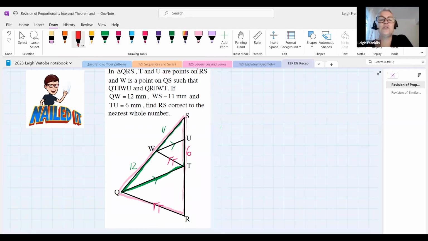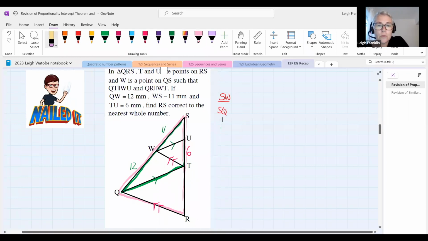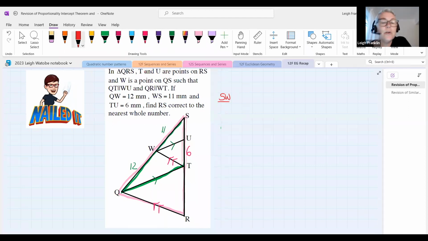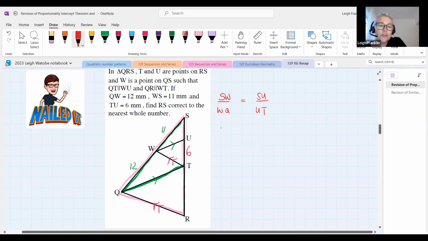Can anybody go for it? Sharon, what would you do? Ma'am, I would say SW over WQ is equal to SU over UT. Lovely. Very good. So you're working in that first triangle that you mentioned, the one that I've highlighted in green.